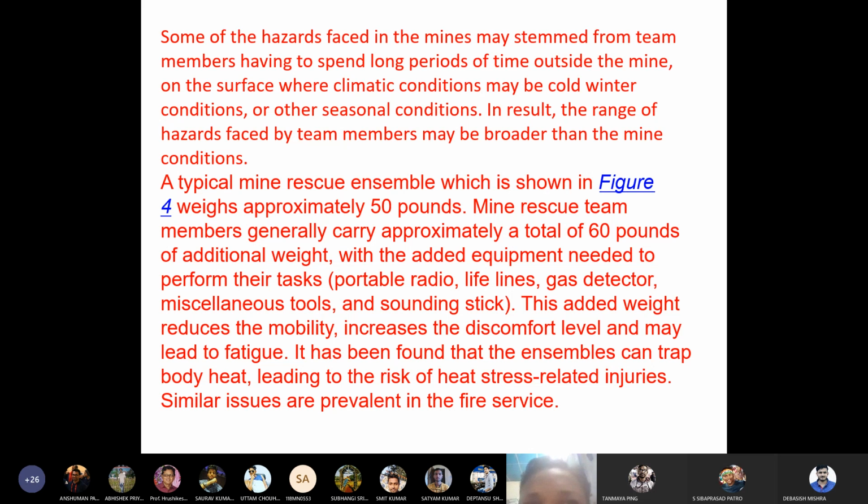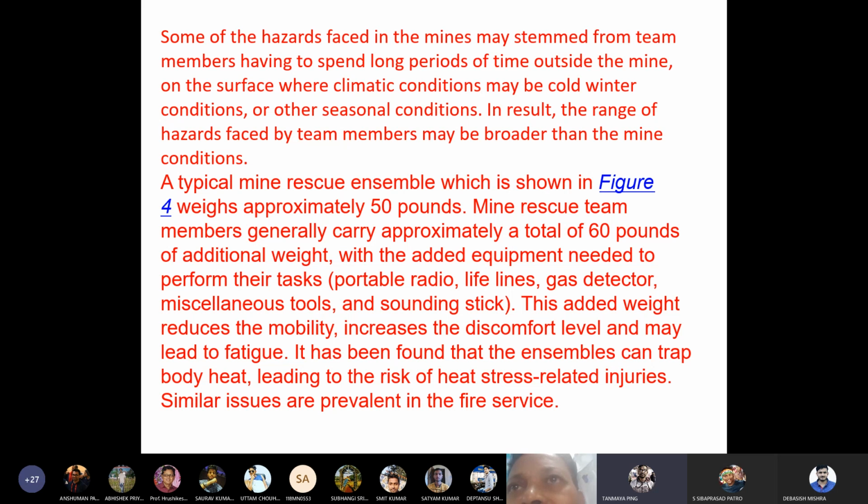Mine rescue team members generally carry approximately a total of 60 pounds of additional weight with the added equipment needed to perform their tasks. Like they have to carry the portable radio, the lifelines, and the gas detectors, carbon monoxide and methane detectors, miscellaneous tools, and a sounding stick.